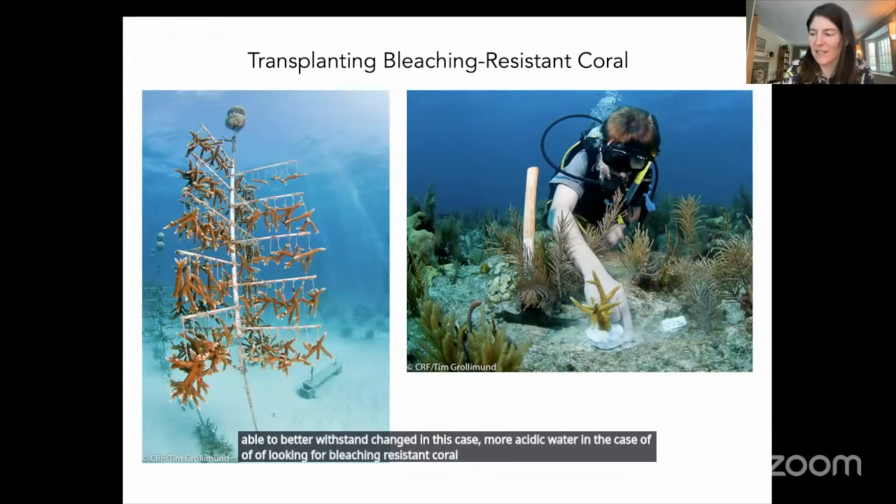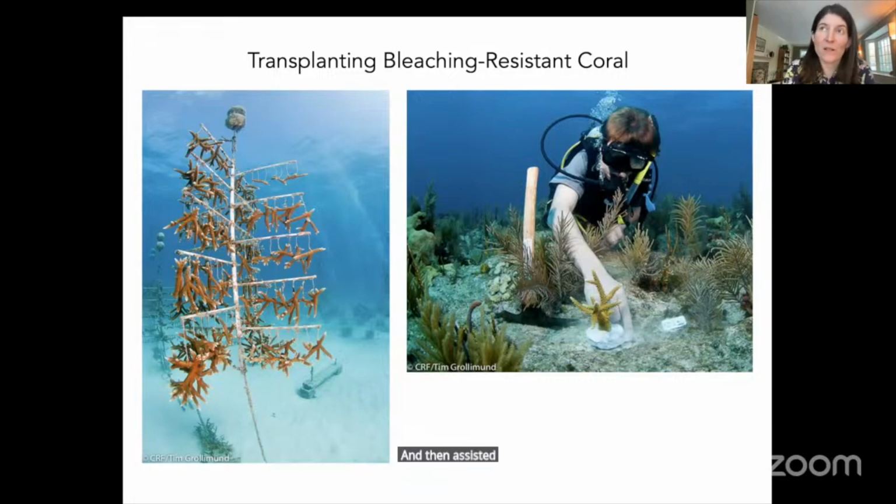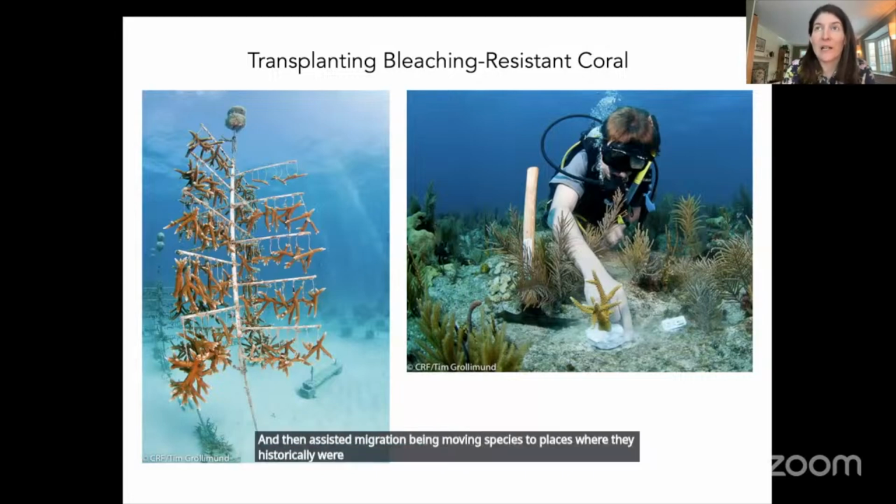And assisted migration being moving species to places where they historically were not found, anticipating that they will thrive in that place with climate change.